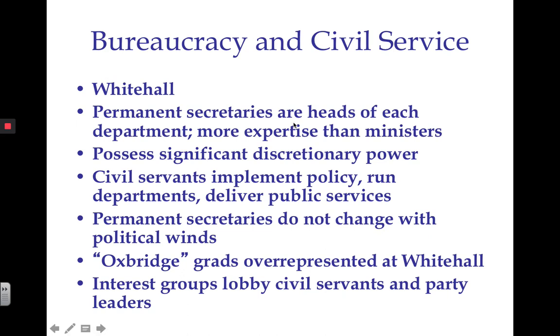In the UK, they reside office-wise in Whitehall, and oftentimes you have an overrepresentation of people from either Oxford or Cambridge. And in the UK, you oftentimes have interest groups which will lobby senior civil servants and party leaders rather than the backbench, because the backbench are typically going to just go along with what the party wants anyway.